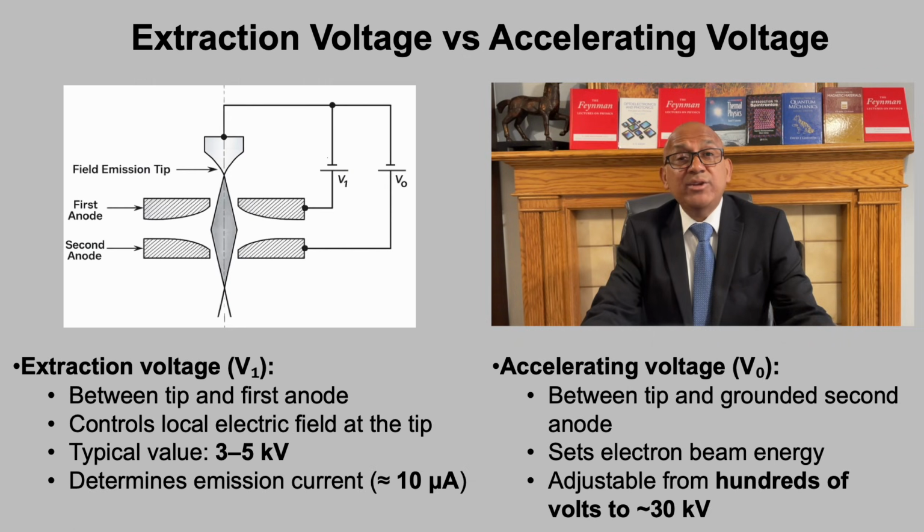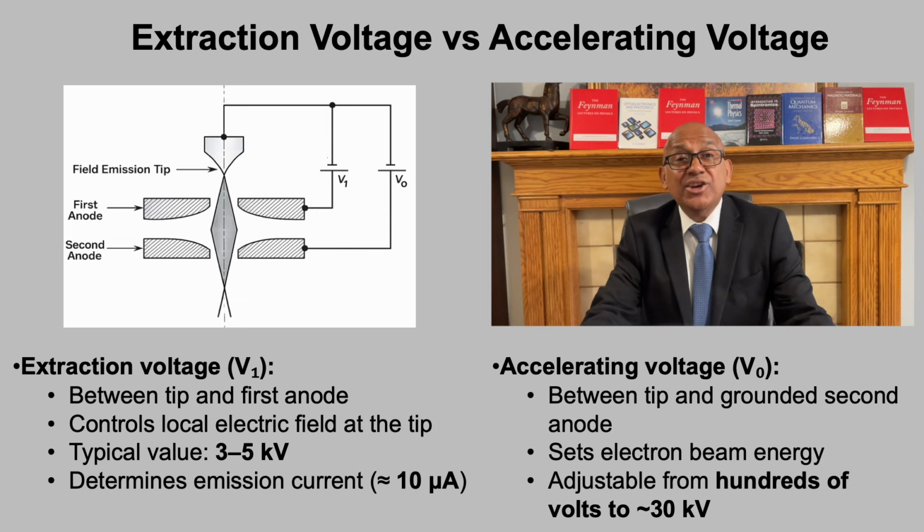In a cold field emission gun, two different voltages play distinct and independent roles. The first is the extraction voltage V1 applied between the emitter tip and the first anode. This voltage determines the local electric field strength at the tip apex and therefore controls the ability of the electrons to tunnel out of the cathode.